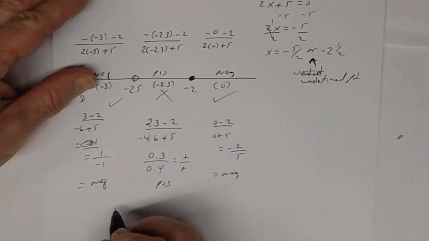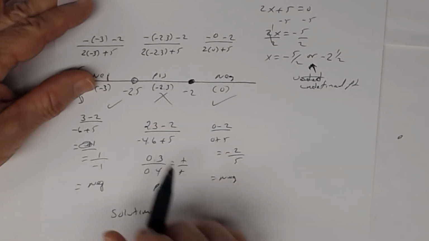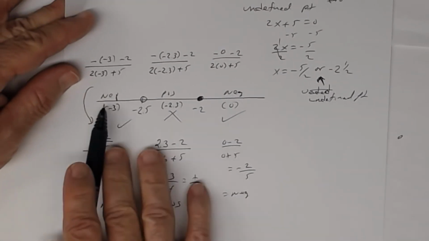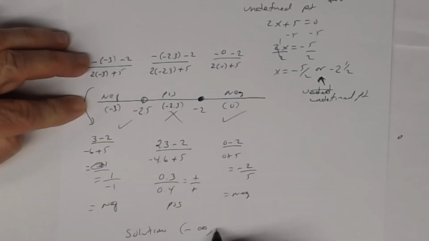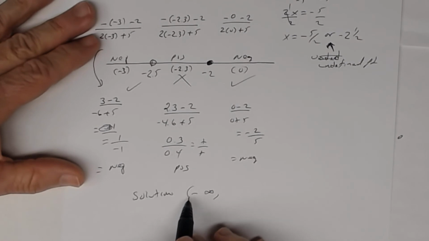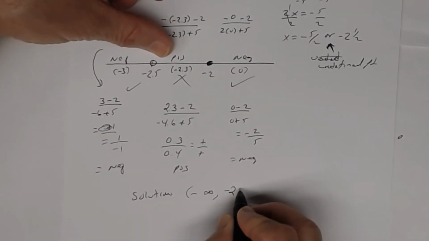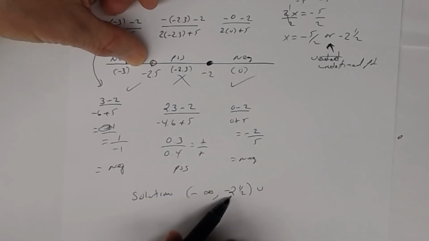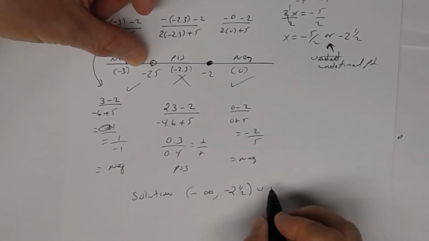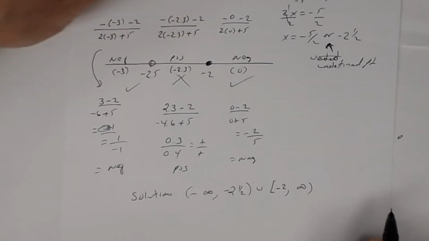which when we do the interval notation, there's going to be a bracket, there's going to be parentheses. And so the solutions are these two intervals. So we're going to go from negative infinity, remember parentheses always for negative infinity and infinity, to negative 2.5, parentheses, union, and since this is a terminating decimal, you can write it as negative 2.5 union, and then bracket negative 2 to infinity, and that's it.